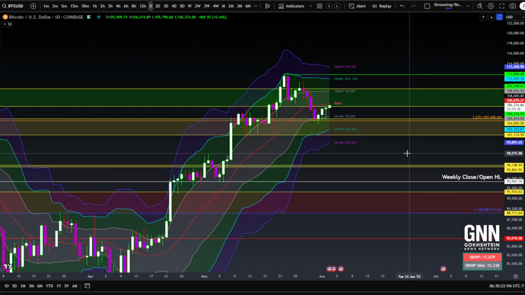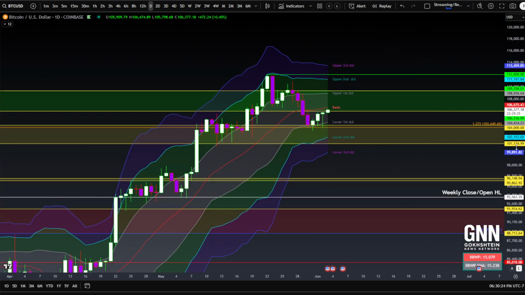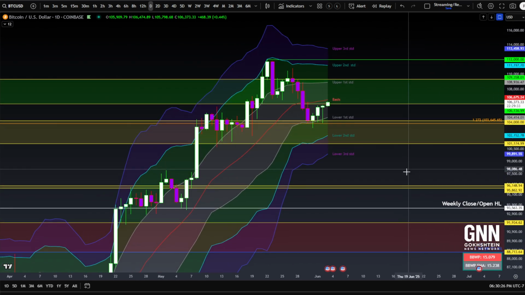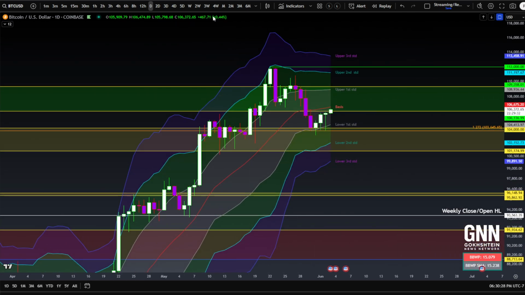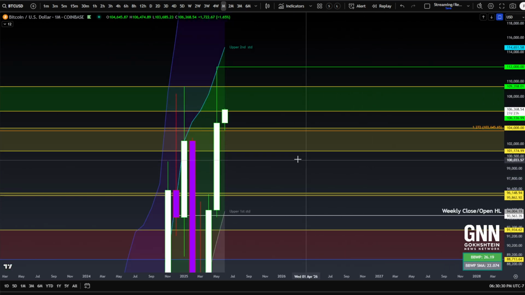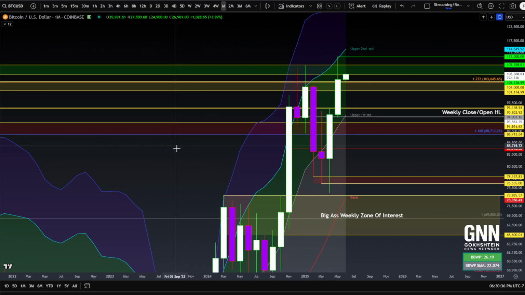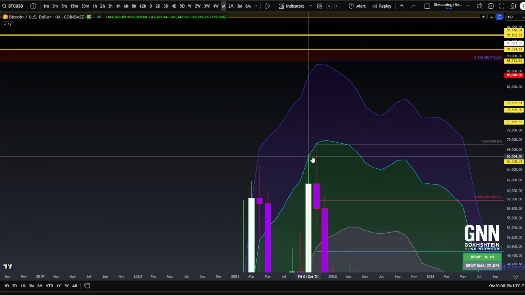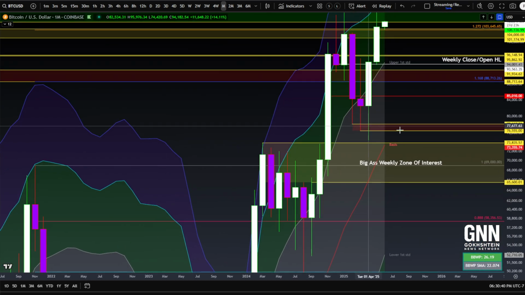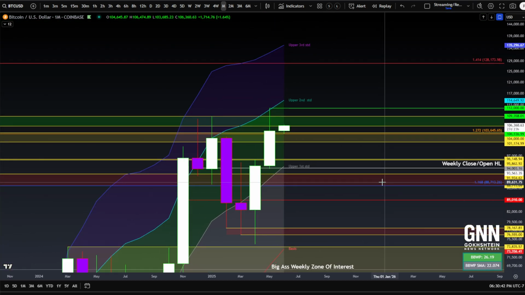Charts have all the information you need. I can't in good conscience roll with the whole, this looks just like 2021, even though it does hit the upper second standard deviation, just like back here where we had two strikes towards it and then a failure.